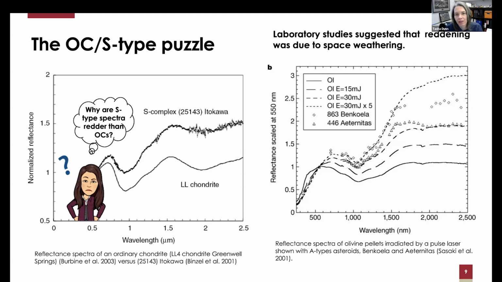In the figure, the bottom solid line is the original olivine pellet, and as you move towards the top, the lines get more dashed and have been more irradiated. So this is just one example illustrating that space weathering can certainly cause the reddening that we see in the S-types. However, that was very difficult to know for sure without a space mission.